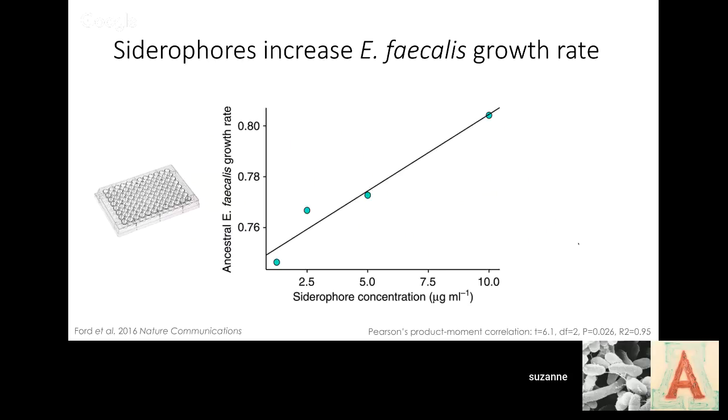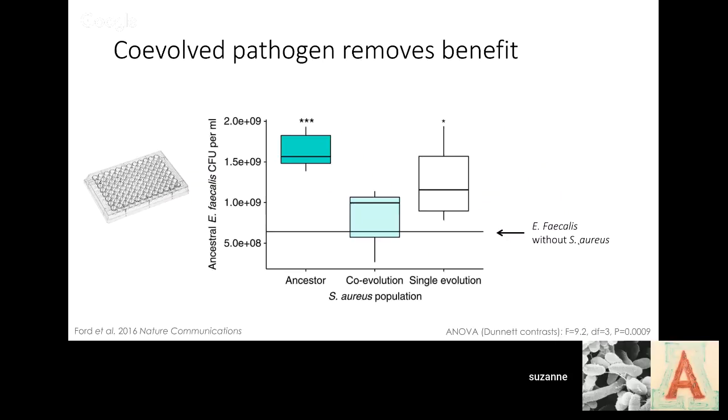So we should predict that the ancestral population and the singly evolved population of the pathogens would probably benefit the growth of Enterococcus by producing more siderophores than the coevolved population, because that produces significantly fewer. So I went on to explicitly test this, and what I'm showing you here is an in vitro experiment where we have the fitness of the Enterococcus defensive symbiont, and this black line represents the fitness of the Enterococcus without the pathogen.